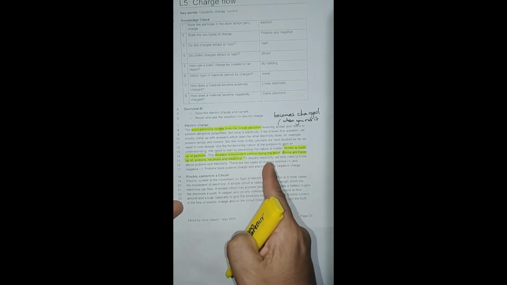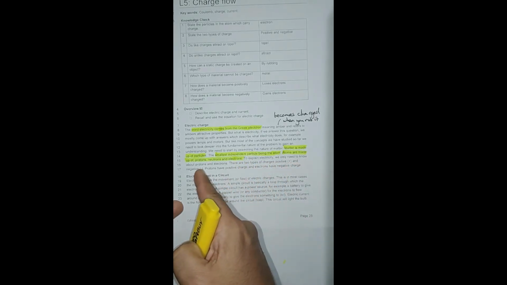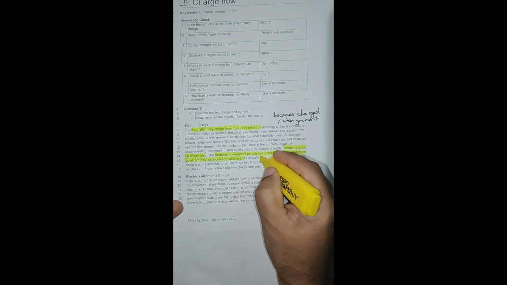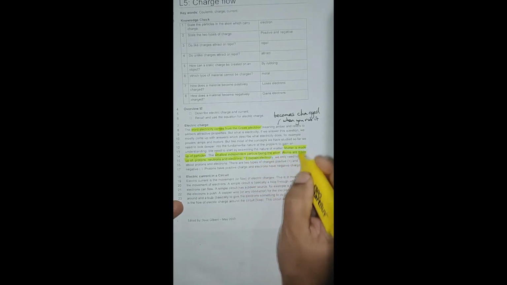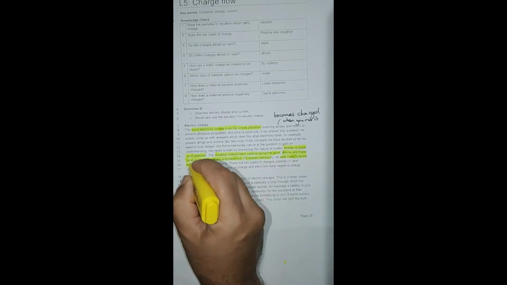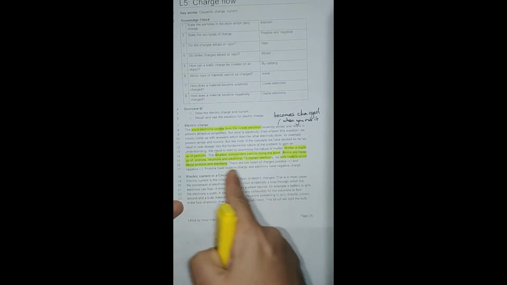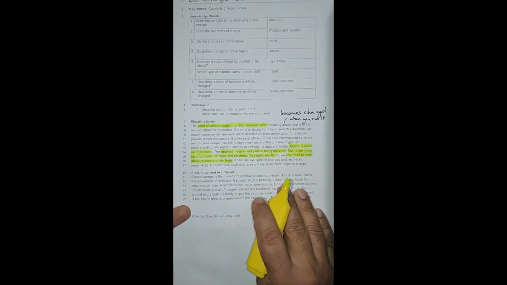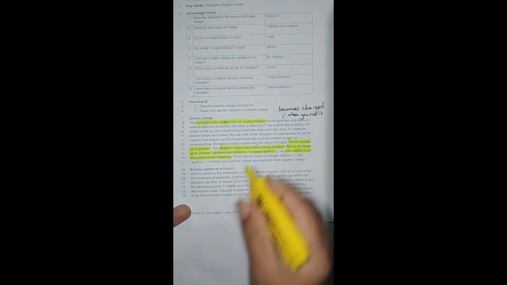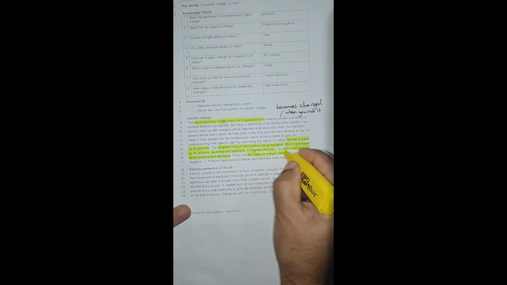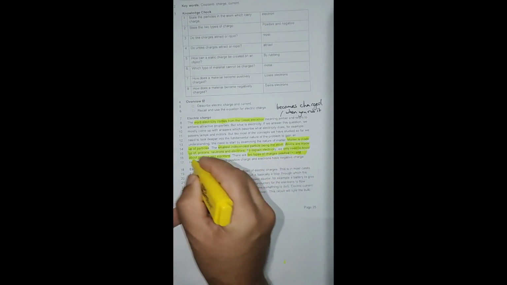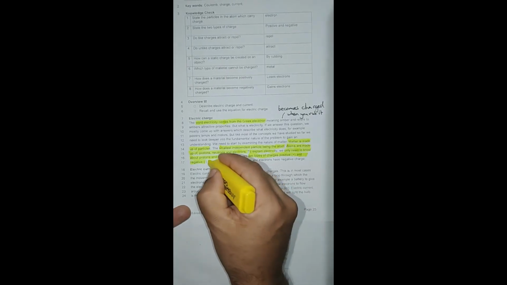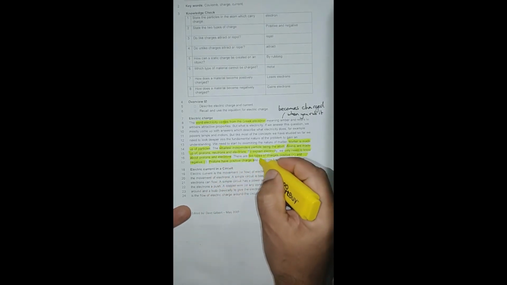To explain electricity, we only need to know about protons and electrons, because the neutrons are neutral. There are 2 types of charges, positive and negative. Protons have positive charge, electrons have negative charge.